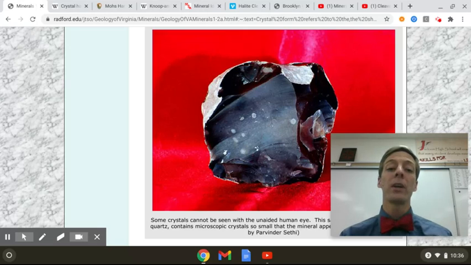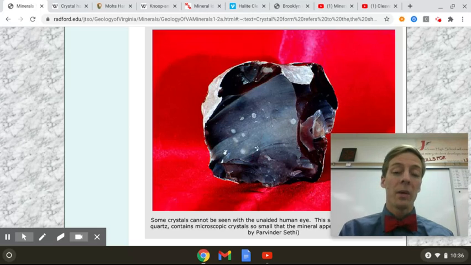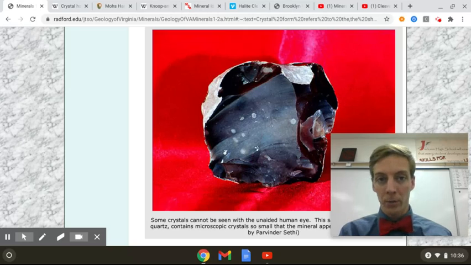Crystal growth is a very slow process. Crystal growth and the crystal structure of the mineral is not the same as the way a mineral breaks. If a mineral breaks clean on a side, we're going to talk about that in a minute, that does not mean it has a specific crystal structure. Those are separate properties of the mineral.